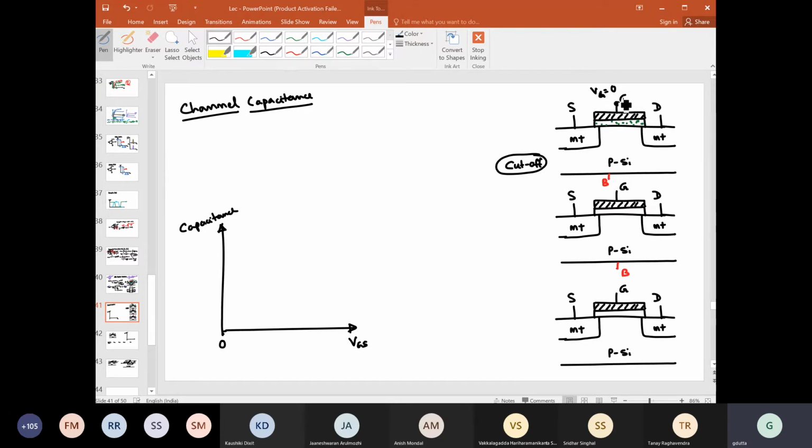When you have applied 0 volt on this gate, and for the time being let us say Vs is ground, source is grounded, drain is also grounded. This is the body contact and this is the gate contact. Suppose initially the flat band voltage is also 0, so you don't have any depletion at equilibrium, right?